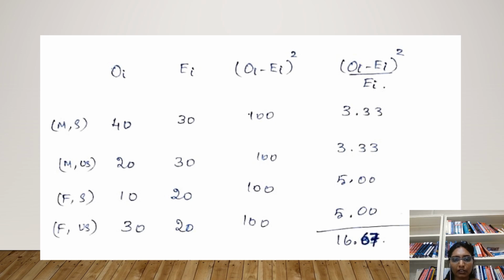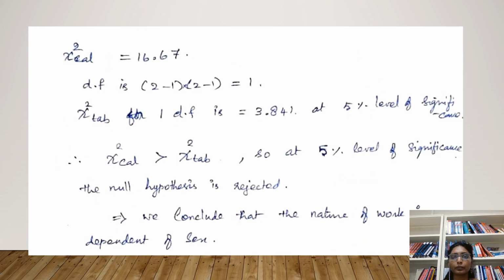This is the observed data given in the problem, and these are the expected values we have calculated, and then the difference and square of this, and then the division of this. The sum of this is equal to 16.67, and the calculated value is 16.67.